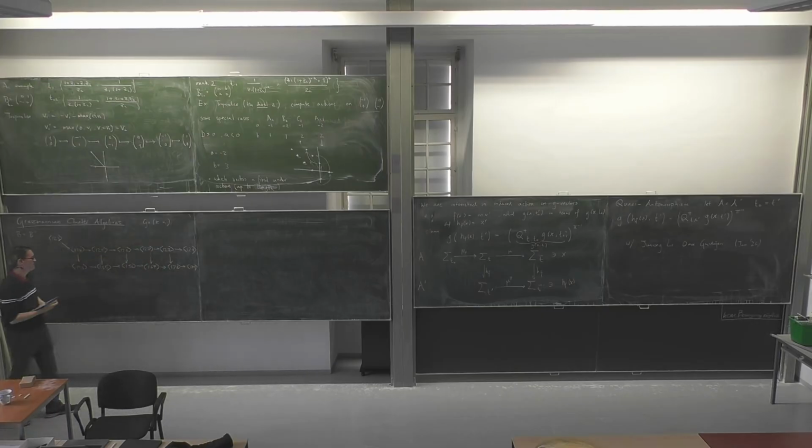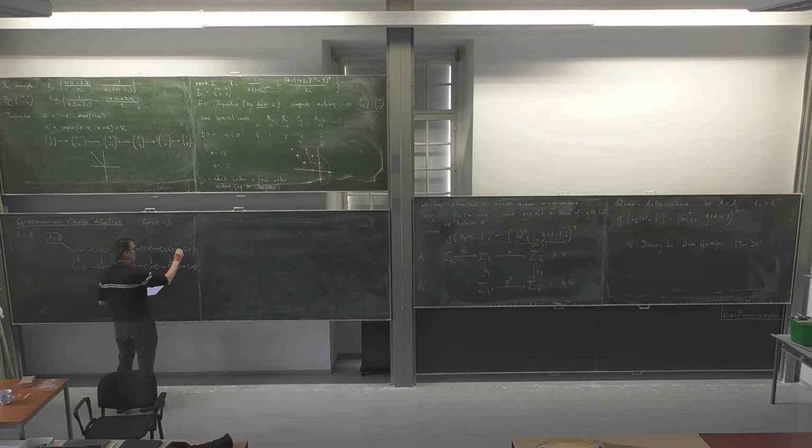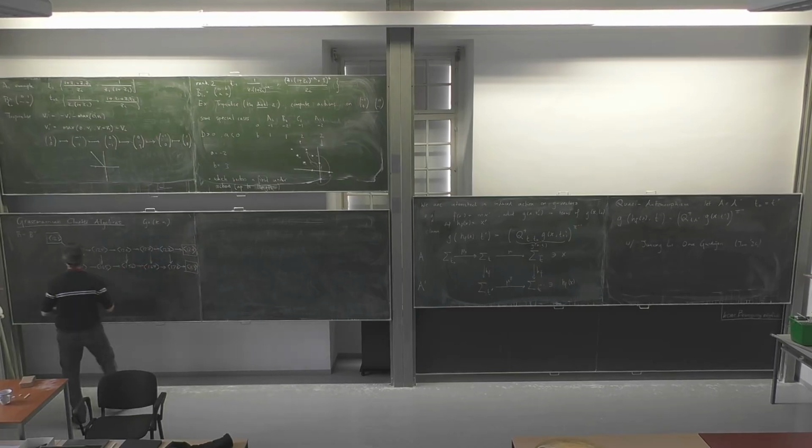Okay, so the active part of the diagram is going to be here. There are some frozen nodes, so this one's frozen. And there's a bunch of frozens down here.